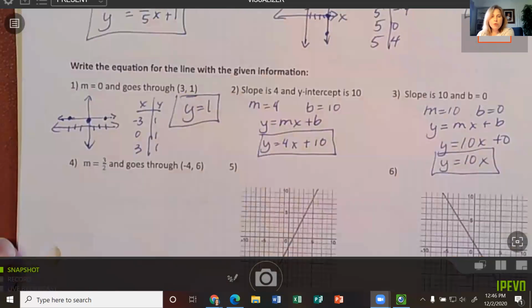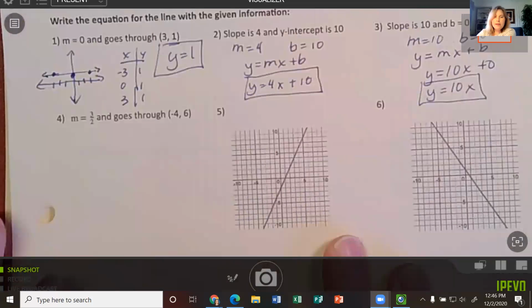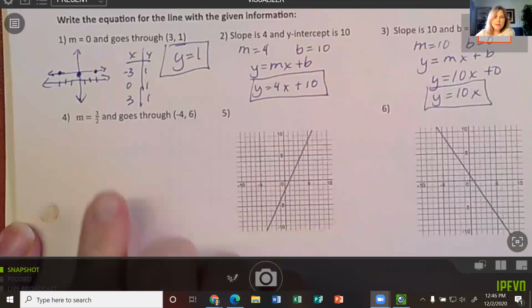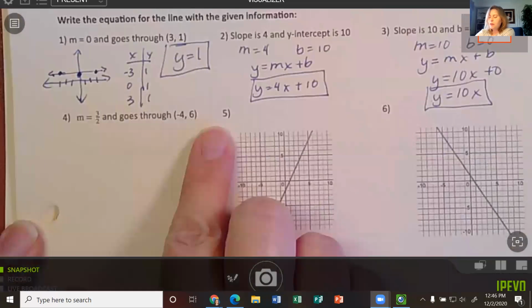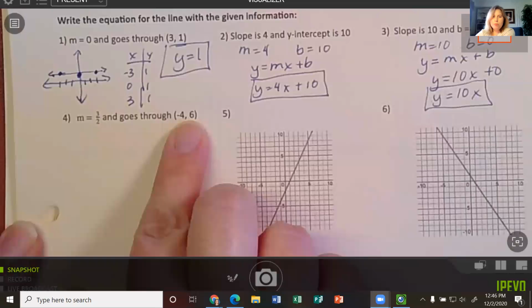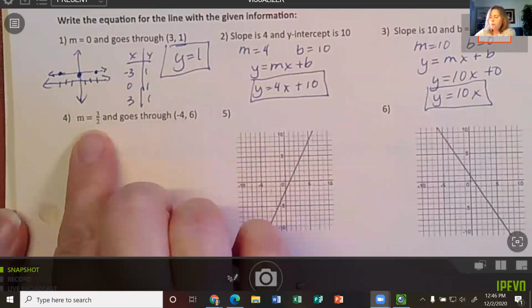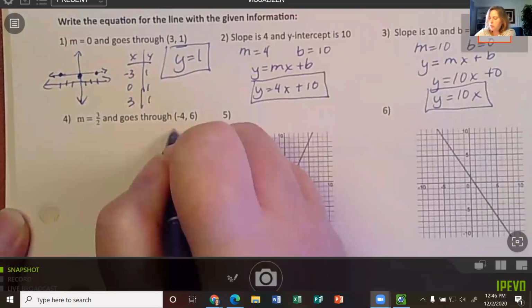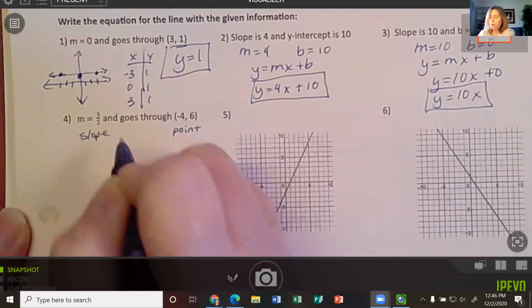Number 4, the slope is 3/2 and it goes through the point -4, 6. So here again, we have the slope and we have just any random given point. So here we want to have point-slope form. Okay, so we are given a point and we're given the slope. So we want to use point-slope form to help us write that equation.